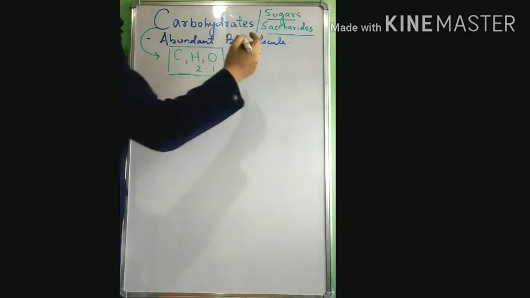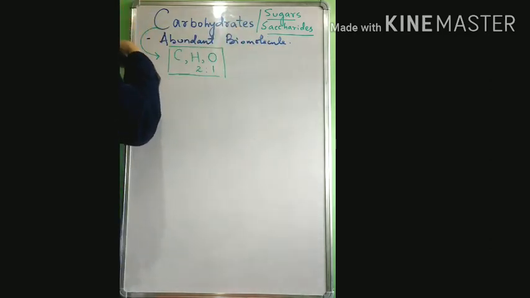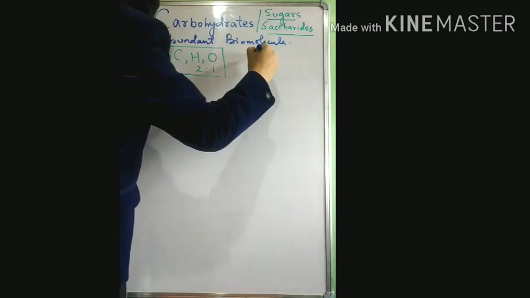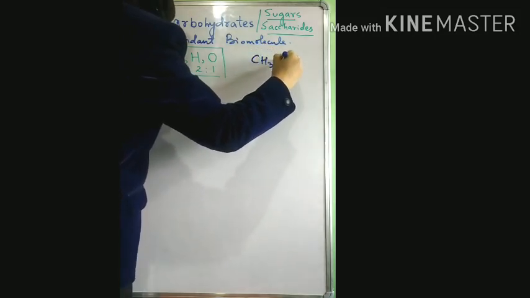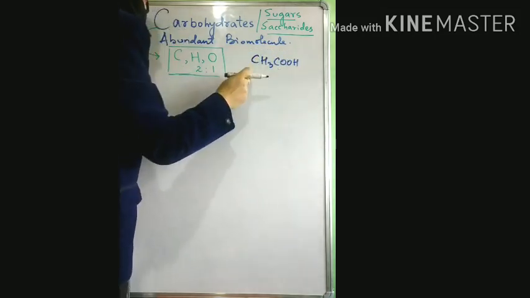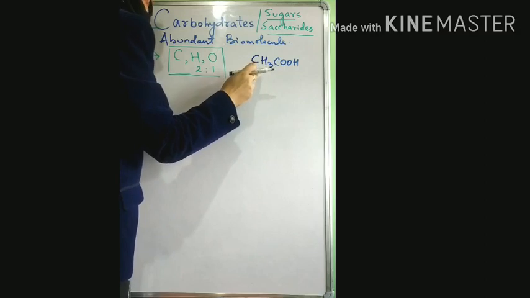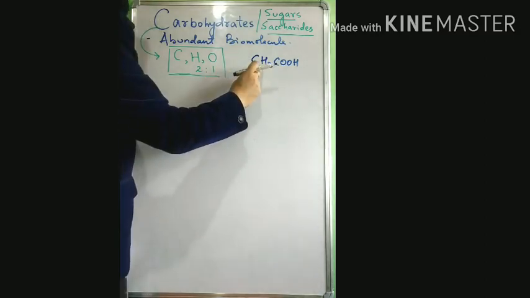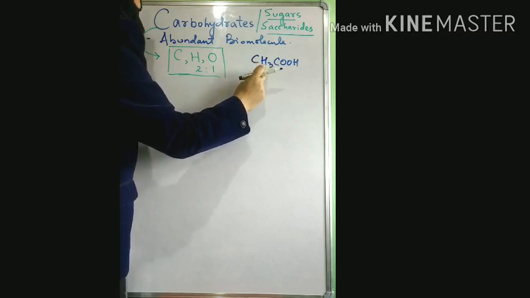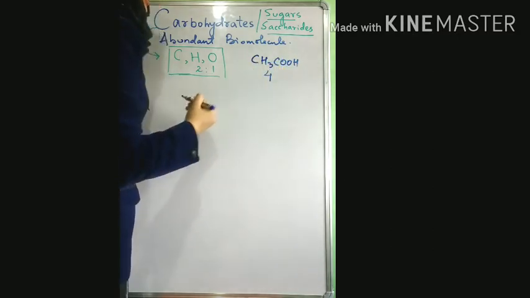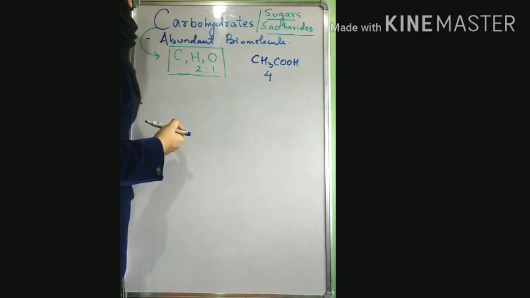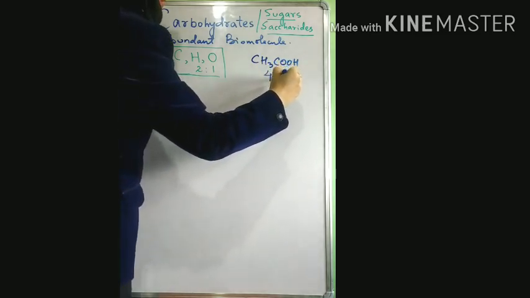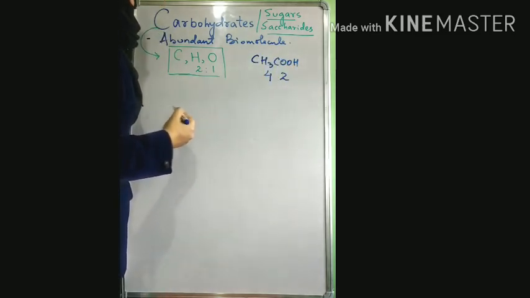But I will give you one example. If you look at this molecule, CH3COOH, you might know this. It's acetic acid, from chemistry. Can you count the number of hydrogens present in it? It's 3 plus 1, 4. Can you count the number of oxygens present in it? It's 2. Let us find the ratio between hydrogen and oxygen.